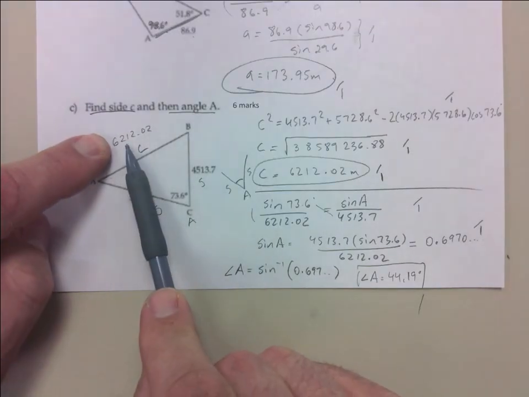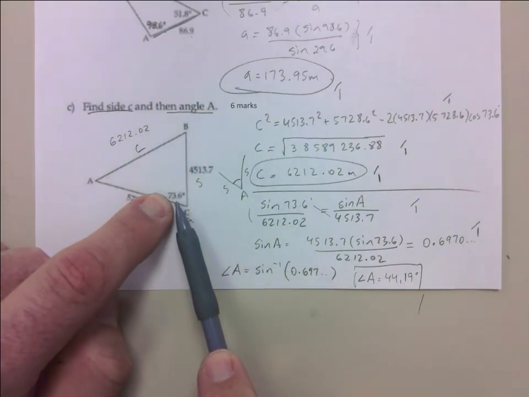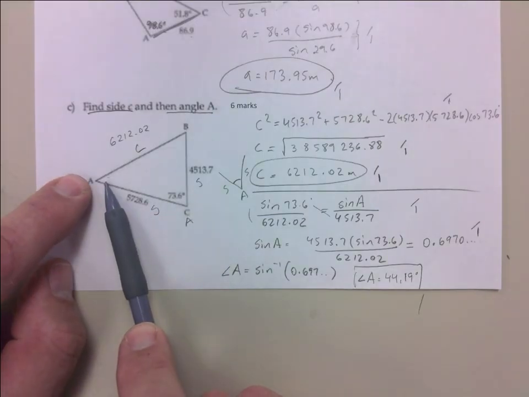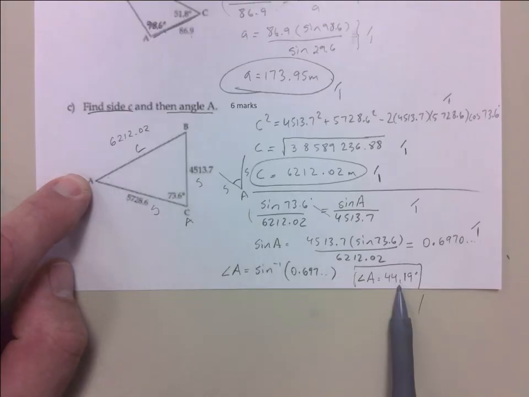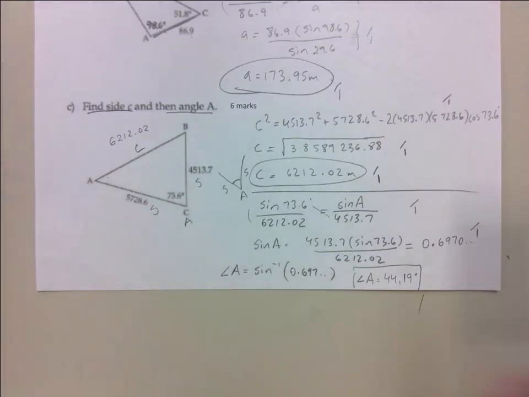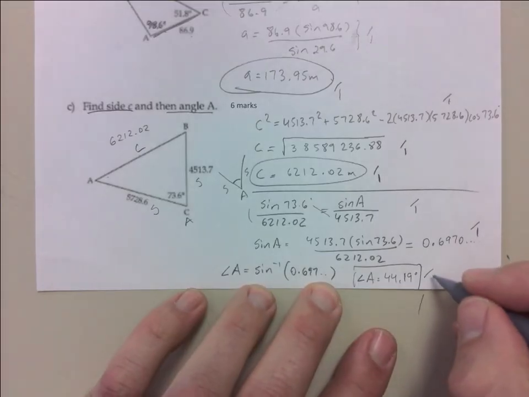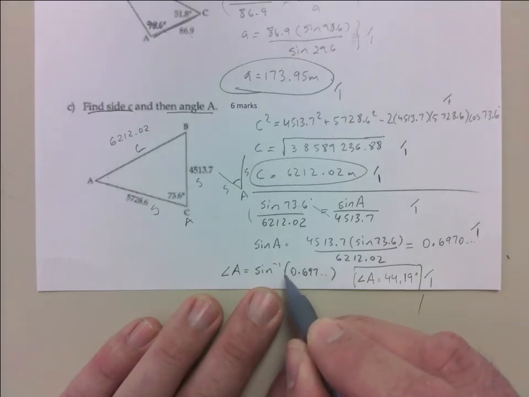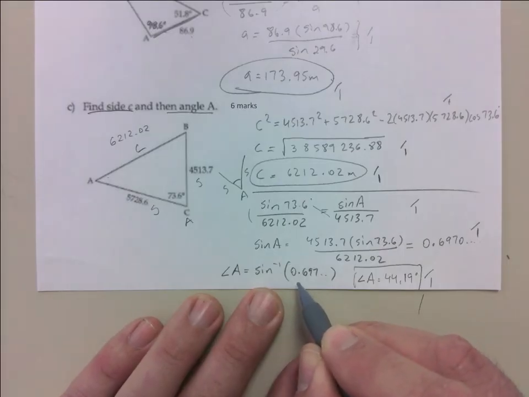The longest side is across the largest angle. And this angle right here, it makes sense that it is smaller than 73, right? Because it's actually the shortest side, so we expect this to be the smallest angle. So a mark for figuring out the final answer with the inverse in there. If the inverse is missing, take off half.